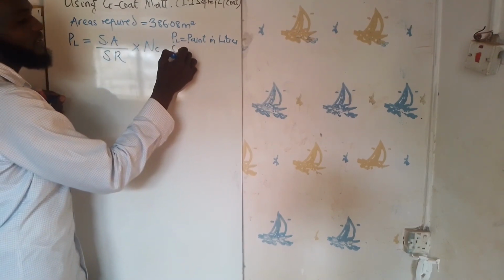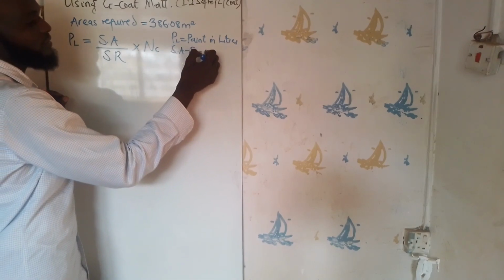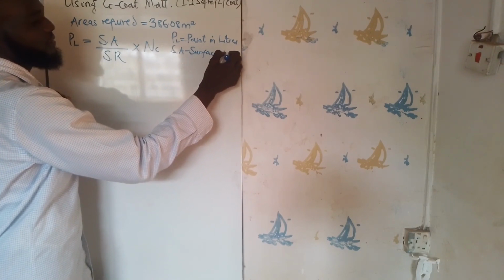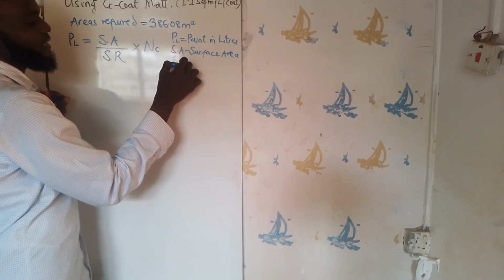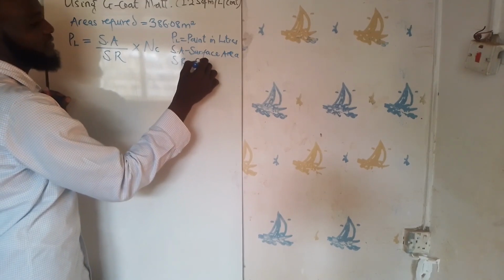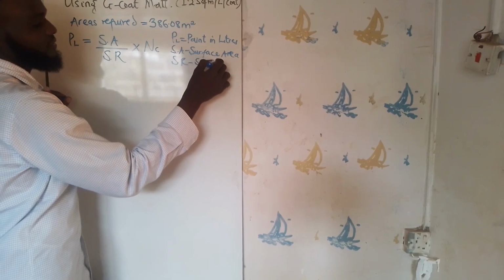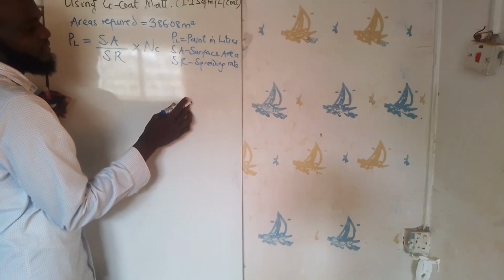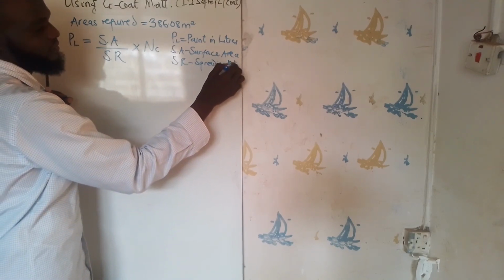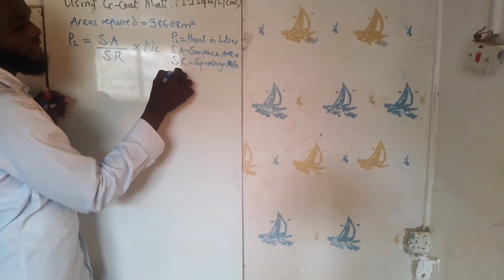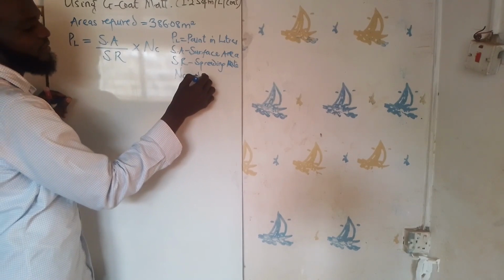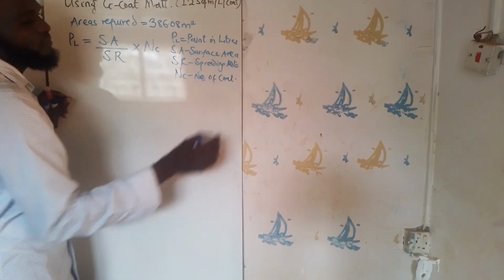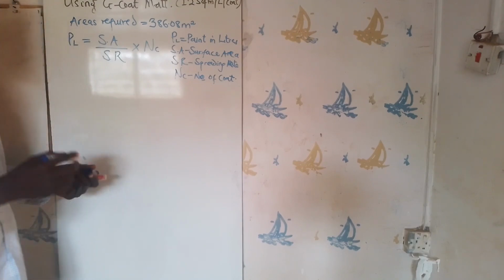The SA denotes surface area, the SR means spreading rate, and the N means number of coats.